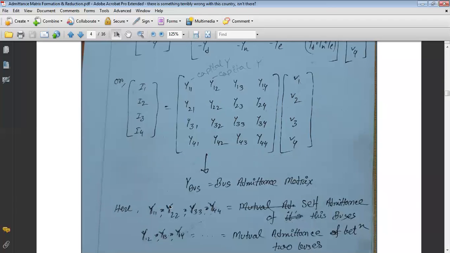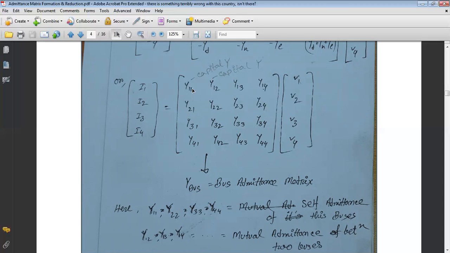Whenever we have Y11, Y22, Y33, Y44, that is called the self-admittance of the bus. So whenever we find the same row and same column, this element is called the self-admittance.